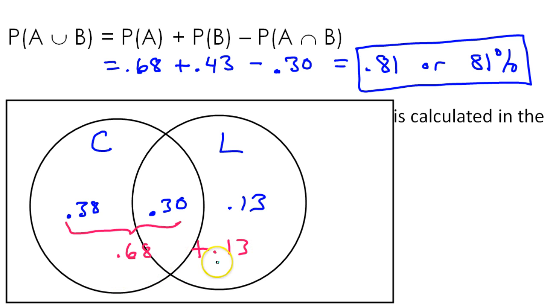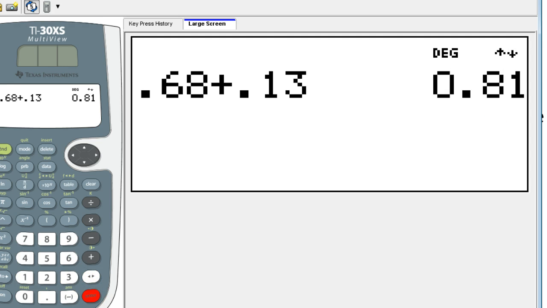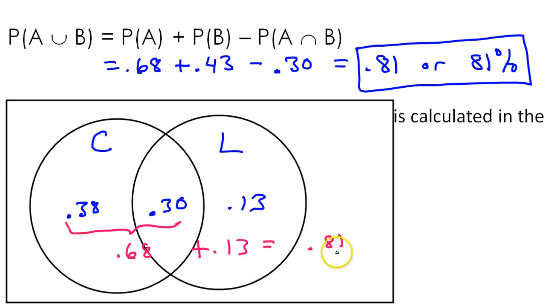So that's going to be 0.81. All right, 0.81. So there it is. The probability is 0.81 or 81%. So that's how you could do the same problem using a Venn diagram, or you could use the formula.